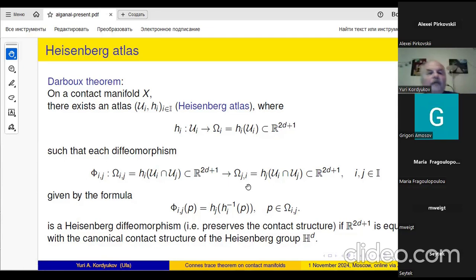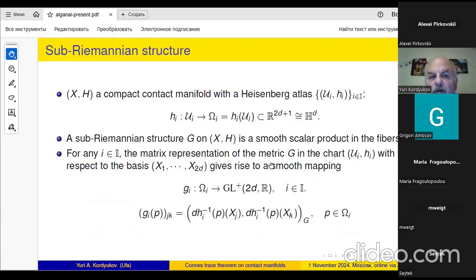And one can show that at each point, a part of a contact manifold is a Heisenberg group. And once we have this, we can take all these objects which we have on the Heisenberg group and transfer them to the contact manifold.